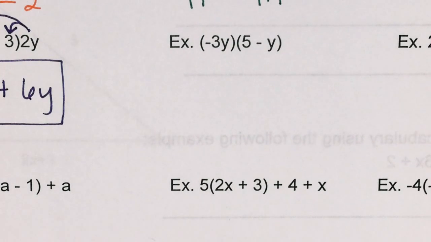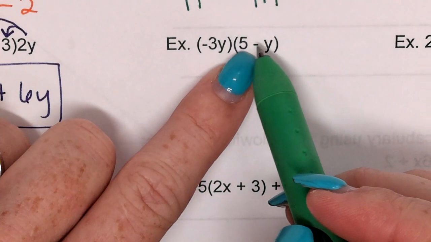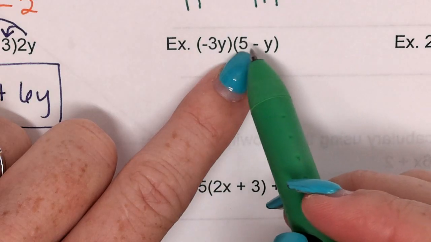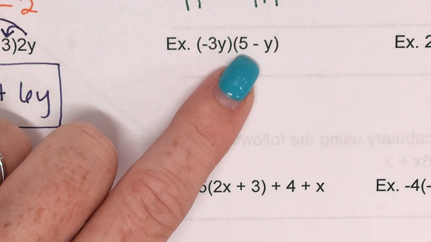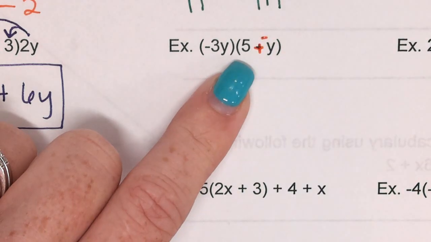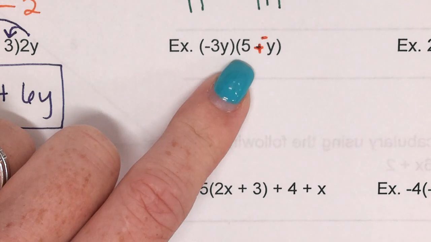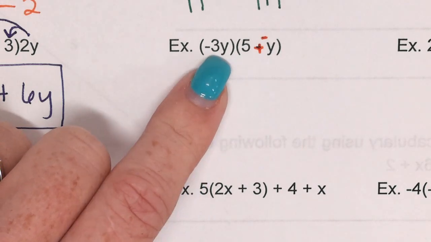Okay, this next one's a little challenging. Look right here at the second parentheses. Do you see a minus sign in the middle? So what do I need to do first? Change. So I'm going to change. What am I going to distribute to everything? Negative 3y.